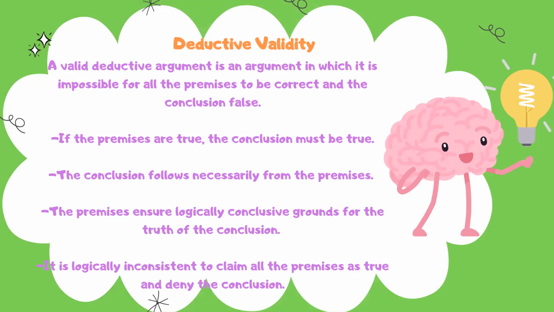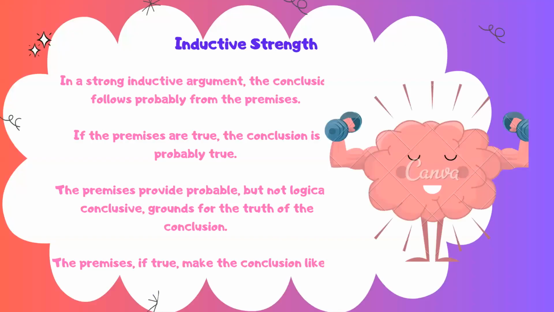On this page, there is inductive strength. In a strong inductive argument, the conclusion follows probably from the premises. If the premises are true, the conclusion is probably true. The premises provide probable but not logically conclusive grounds for the truth of the conclusion, and the premises, if true, make the conclusion likely.